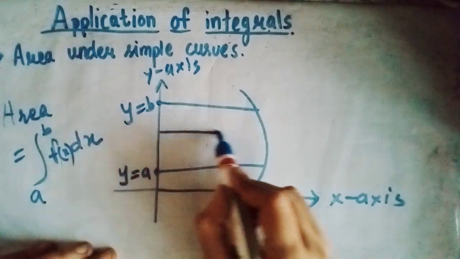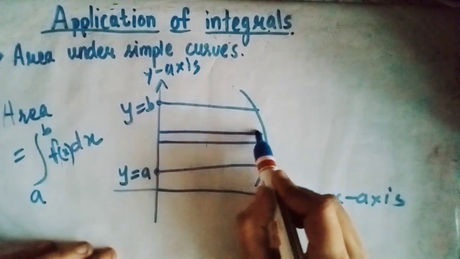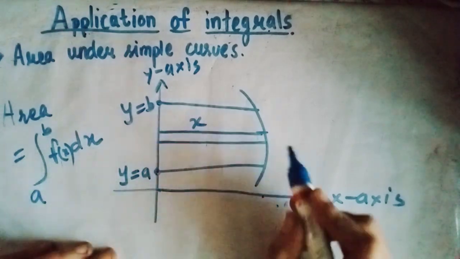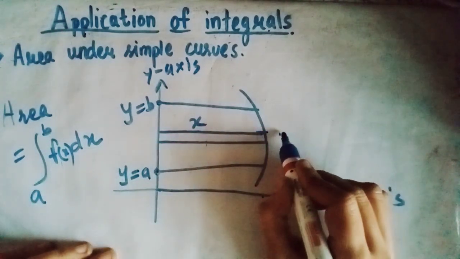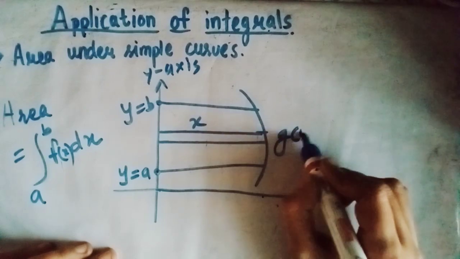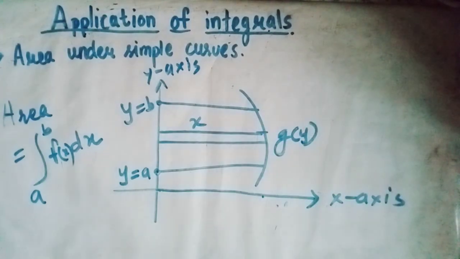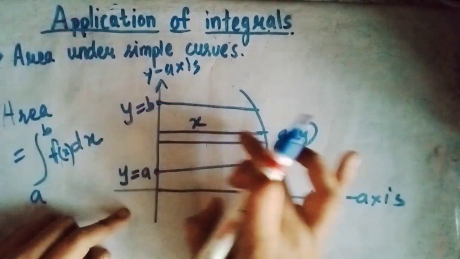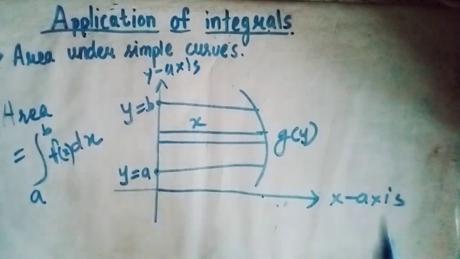Now we have to consider a small strip x, and this function you can take as some function of y. So we are moving from a to b, considering small strips and then adding them up.